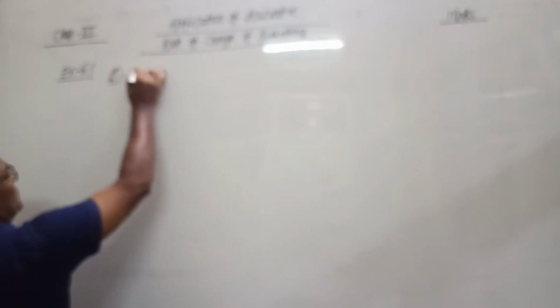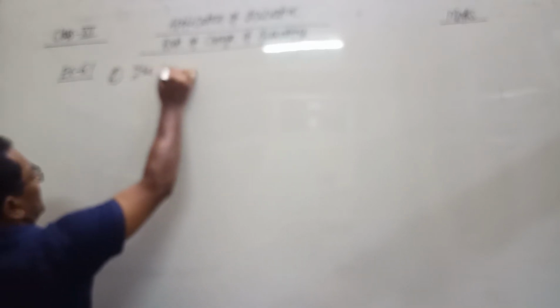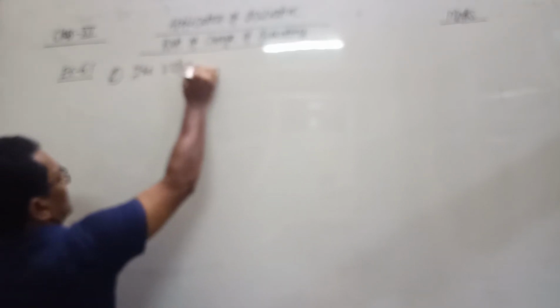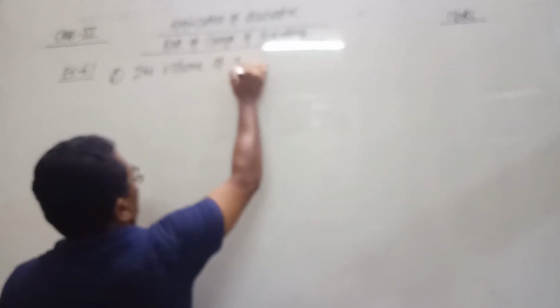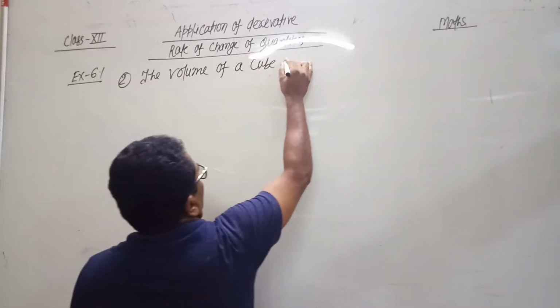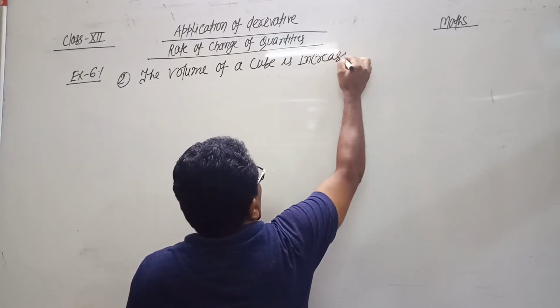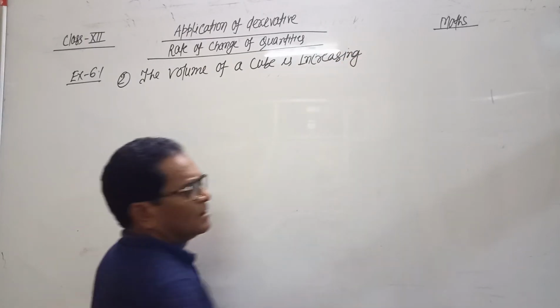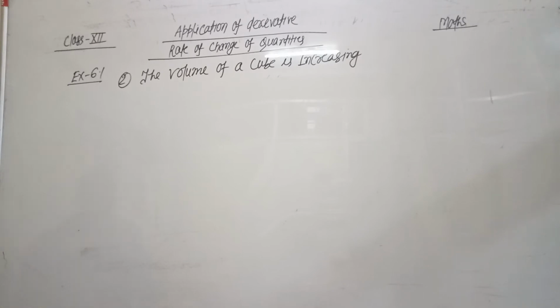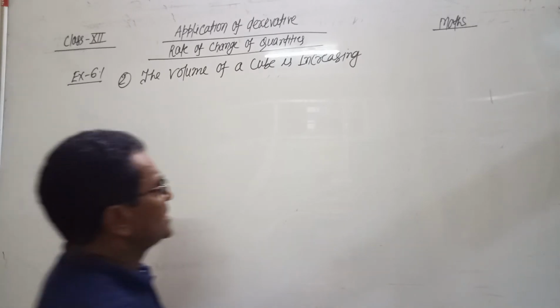See next question. The volume of a cube is increasing at the rate of 8 centimeter cube per second.